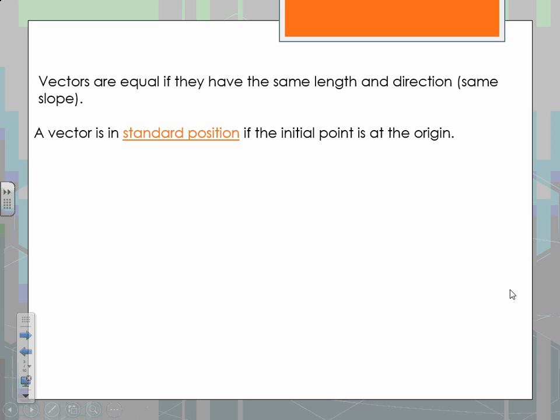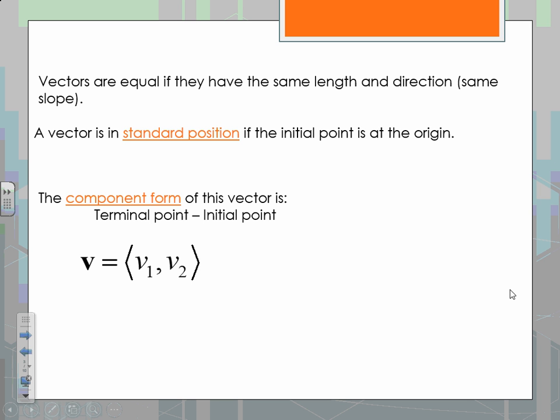A vector is in standard position if the initial point is at the origin. So that's where we like to picture vectors, when they are at the origin. There are two different types of ways to express vectors. The first one we will talk about is component form, where we write it with the chevrons.